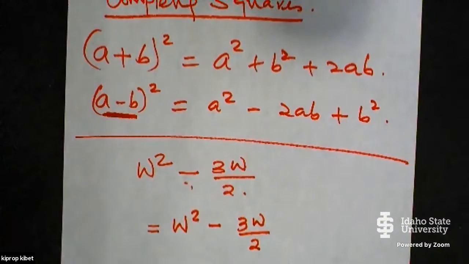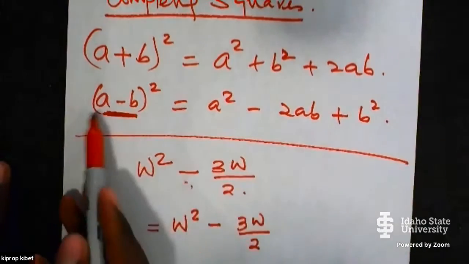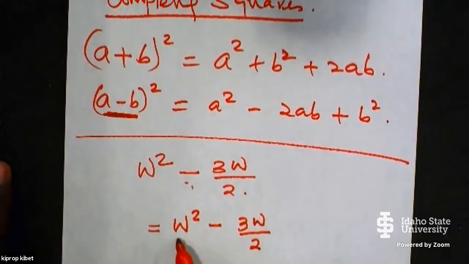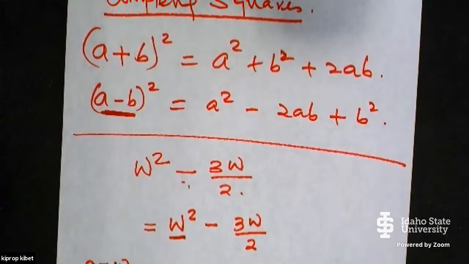Now we can see a will be what? A equals w, right? And then we look for b. So what will be our b?